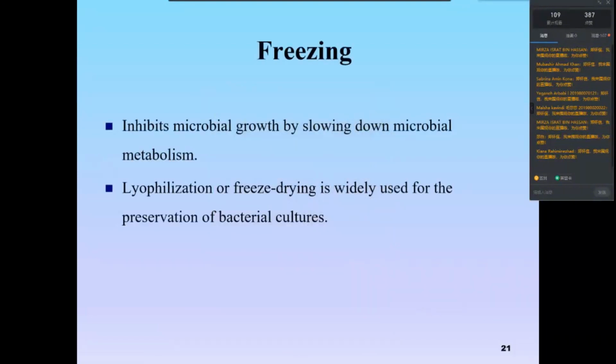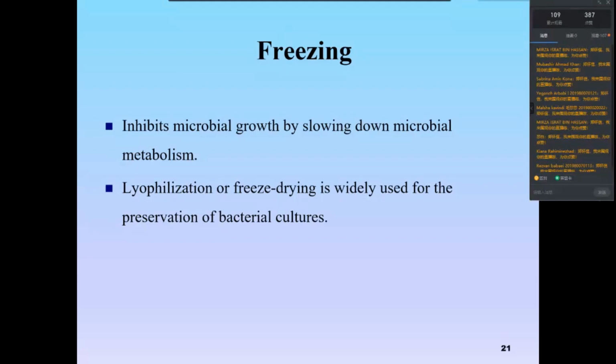Another way is freezing. We learned that if you culture the bacteria, you need to provide a proper temperature, and at some optimal temperature, the bacteria can grow well. If the temperature is too low or too high, they won't grow well. And freezing is the extreme end of low temperature. You lower the temperature to like -20, -30, or even -80 degrees.